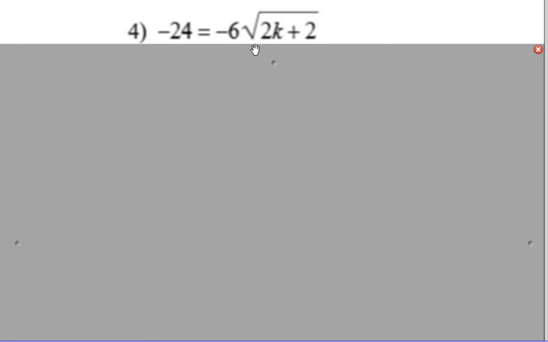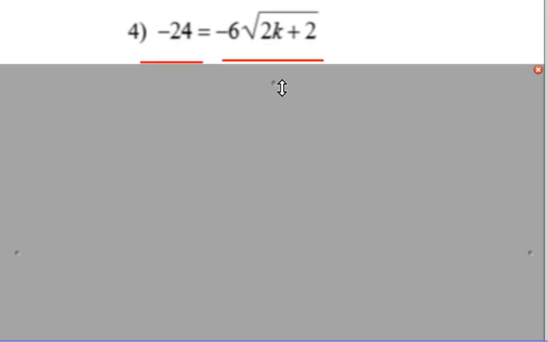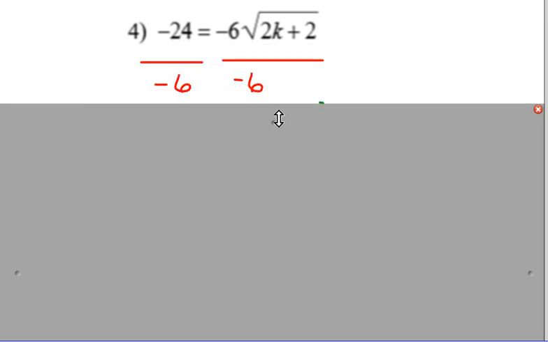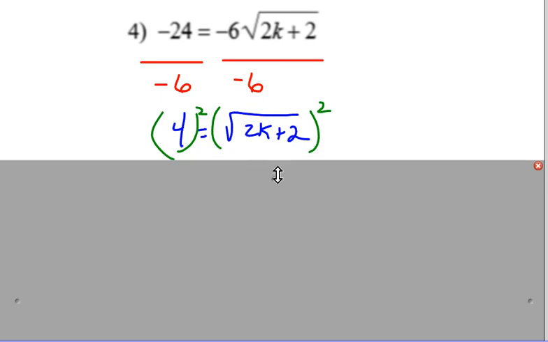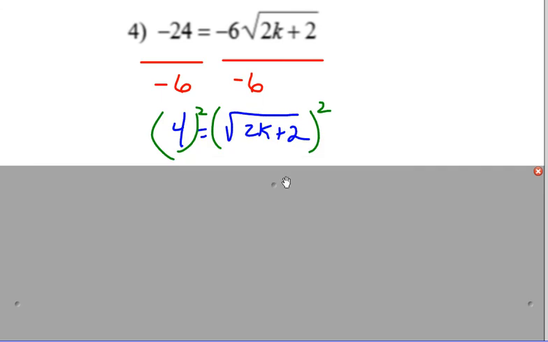So we have a -6 times the radicand, so we need to isolate, so we need to divide by -6. And then we can square.